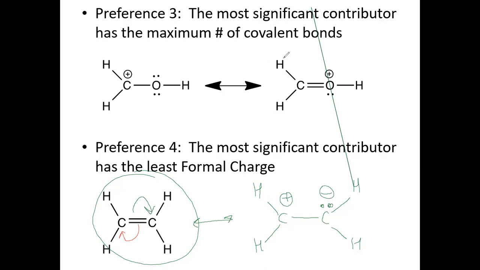As I follow all of those rules, whichever resonance form meets those requirements is going to be my biggest contributor. Meaning, if I was to actually look at the structure, it most closely resembles that one, right? That'll be my biggest contributor.